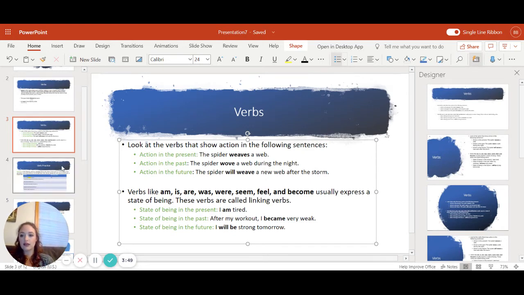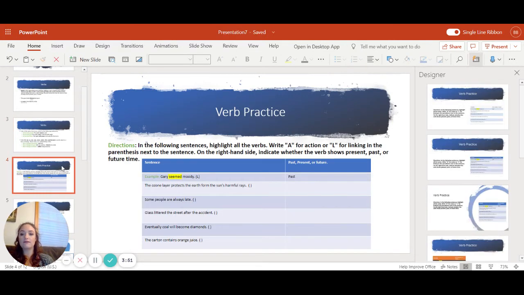Okay? So here is your assignment for verbs. In the following sentences, highlight all of the verbs. Write A for action or L for linking in the parentheses next to the sentence. On the right-hand side, indicate whether the verb shows present, past, or future time. Okay, so my example, Gary seemed moody.